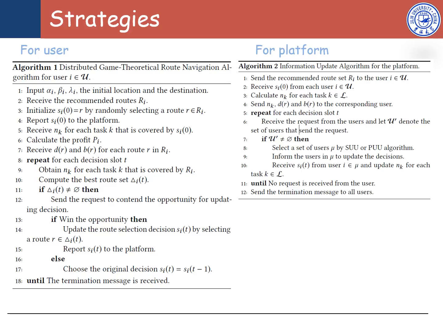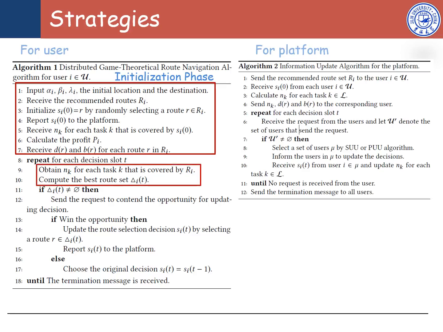Furthermore, we design a distributed route navigation strategy for the user. It first initializes the user parameters and selects a route from the recommended route set. Then, in each decision slot, each user calculates the best route set. The best route set is defined as the set of route decisions that maximize the profit of the user and can improve the profit compared to the previous decision slot.